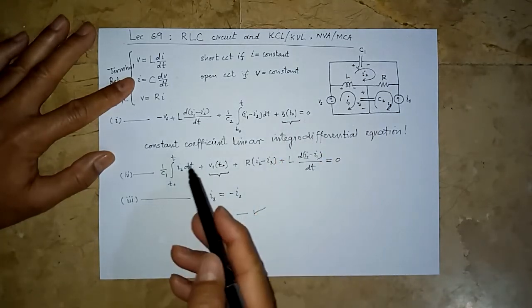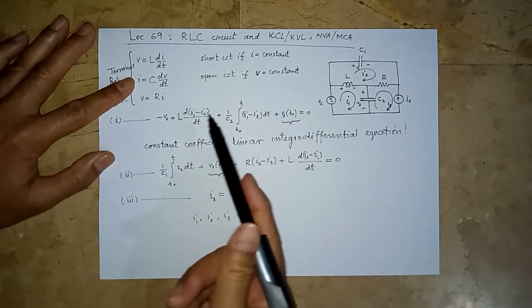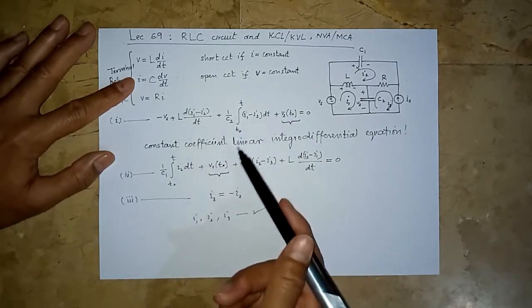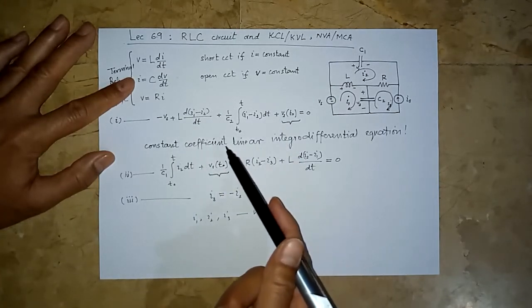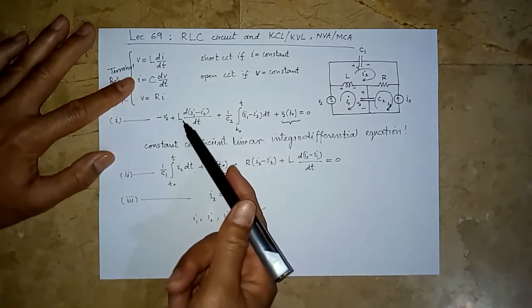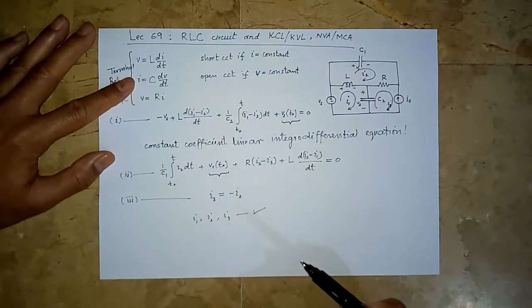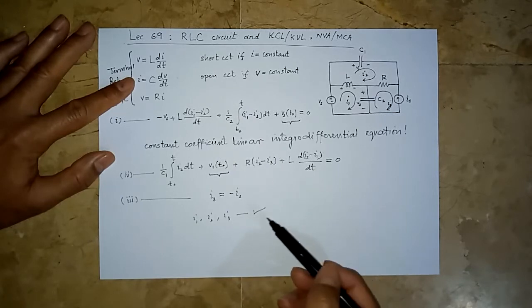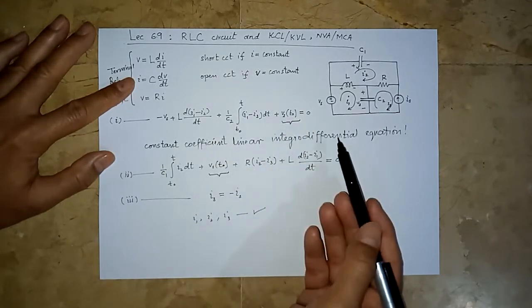Obviously, we would need to know about this one as well and this one as well. See, we are not interested in knowing what was the value of the voltage across the inductor at T naught. But for the case of the integral, we know there is a constant of integration, and these are often known as the initial conditions.